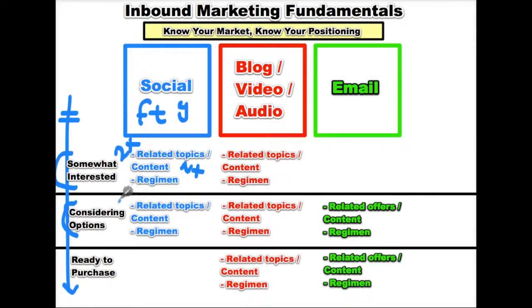So if we're going to appeal to the second tier of the buyer's journey, we'll want to have a certain cadence of how often we're releasing content in this area as well. So maybe once a day, or maybe 3 times a week, whatever the regimen is that we end up deciding on, we would put up a post that maybe compares body weight workouts with something else and goes over the pros and cons.